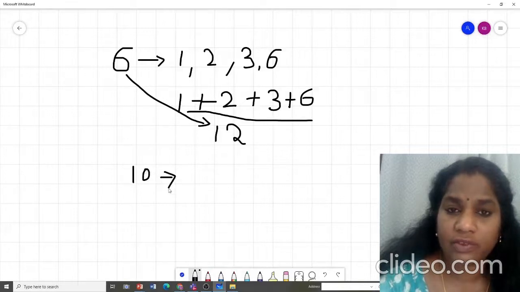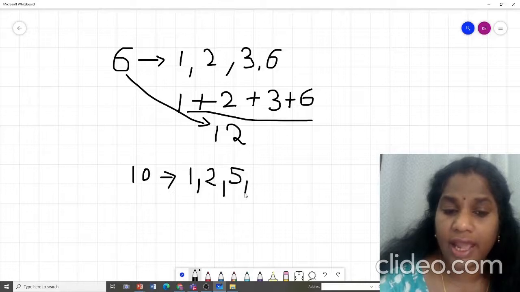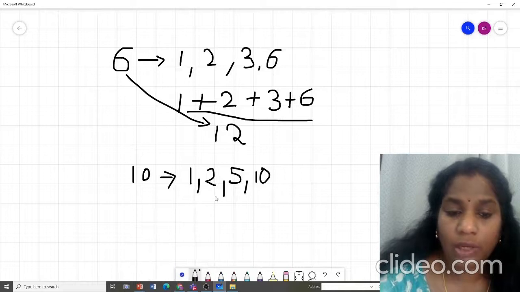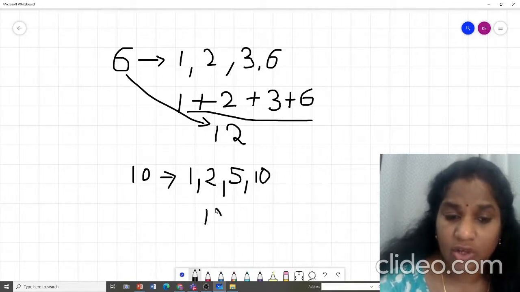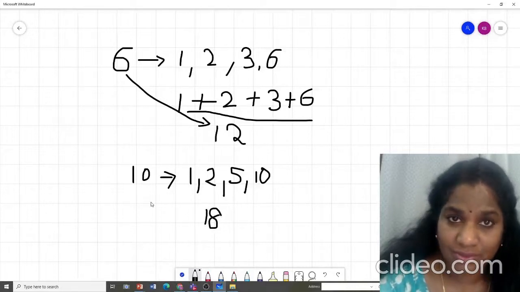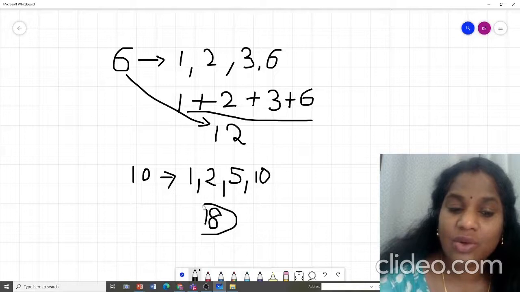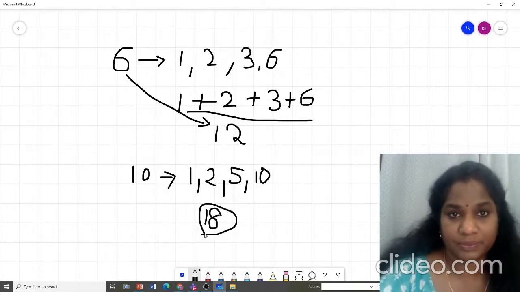What are the factors of 10? 1, 2, 5 and 10. Right? Now 1 plus 2 is 3, 3 plus 5 is 8, 8 plus 10 is 18. So is it double of 10? No. Right? So this is not a perfect number.